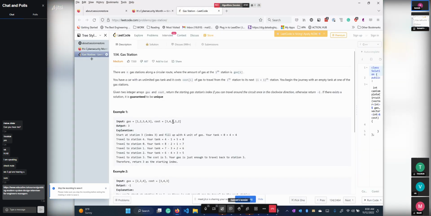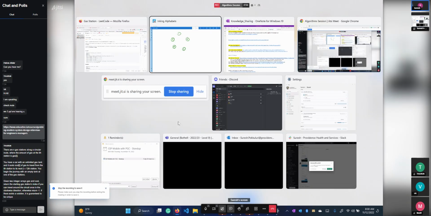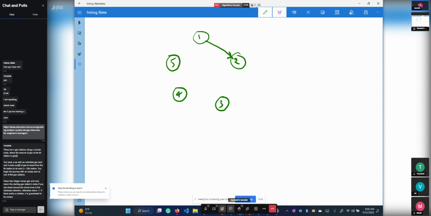Now the cost is 3, 4, 5, 1, 2. What this means is, cost of i is the number of miles from location i to location i plus one.